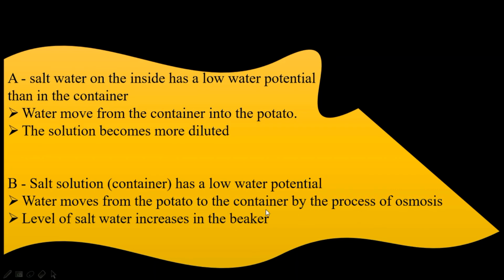Now, because of that, the level of our salt solution will actually increase in the beaker. Now, because it increased in the beaker, what will happen to our salt solution? Our salt solution will be more diluted.